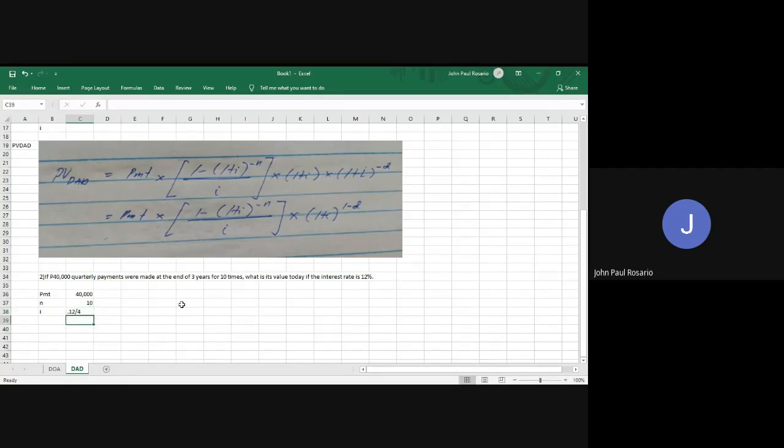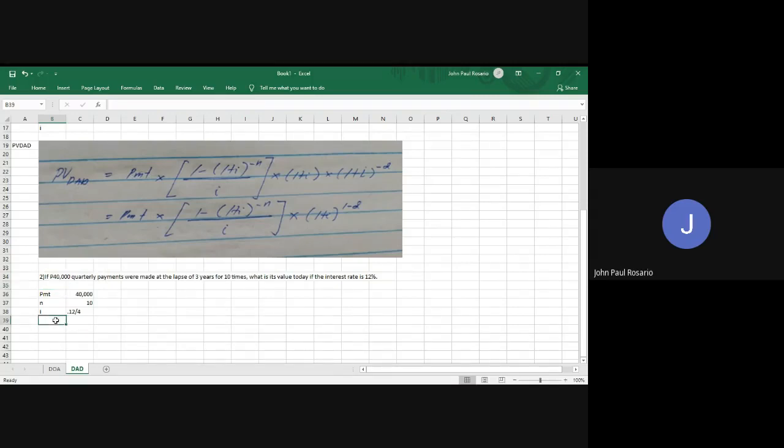If 40,000 quarterly payments were made at the end of 3 years, for 10 times, at the lapse of 3 years, 10 times. This is very good.